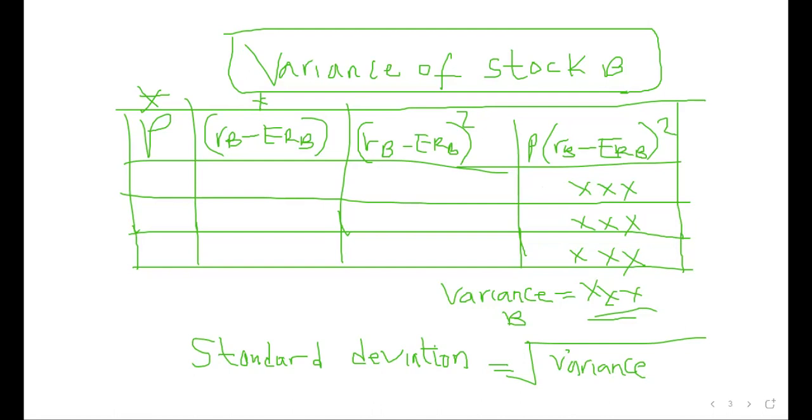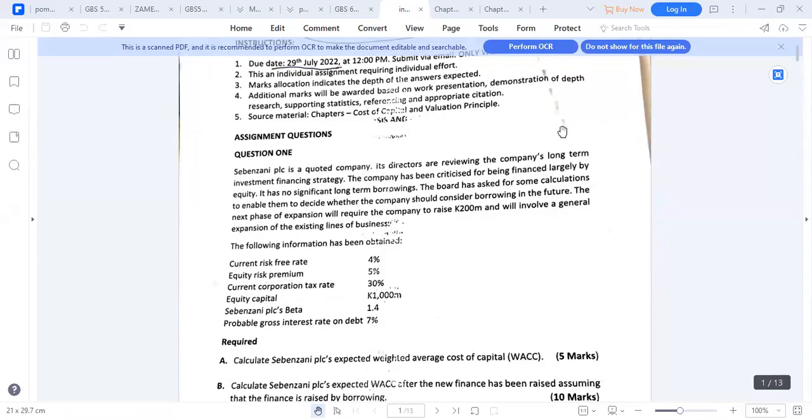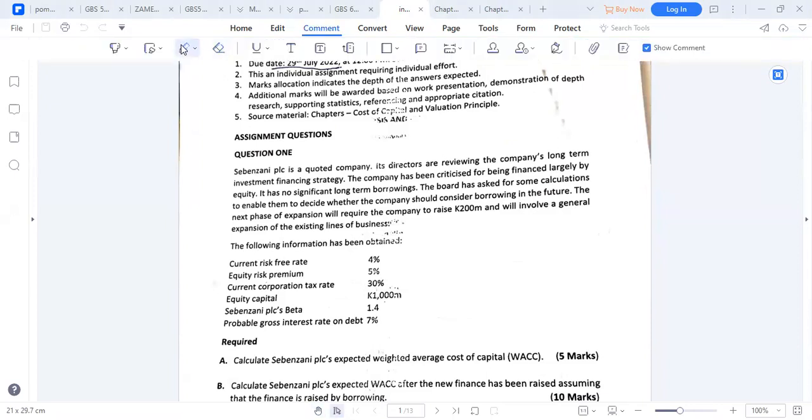Let's go to the assignment question, an example. Are you able to see the question? Let me go to a question where risk and return came in.